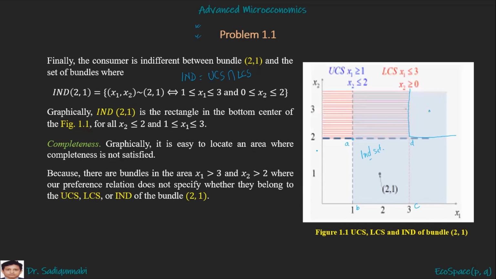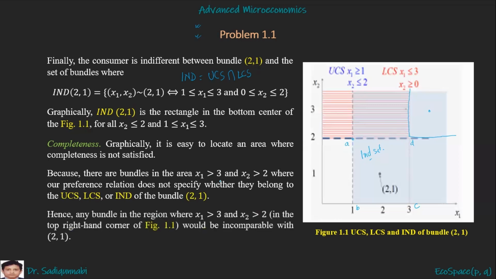If x1 is strictly greater than 3, or x2 is strictly greater than 2, in this area our preference relation does not specify whether they belong to the upper contour set, lower contour set, or indifference set of bundle (2, 1). So this area is incomparable with (2, 1), and we can say that the preference relation is not complete here.